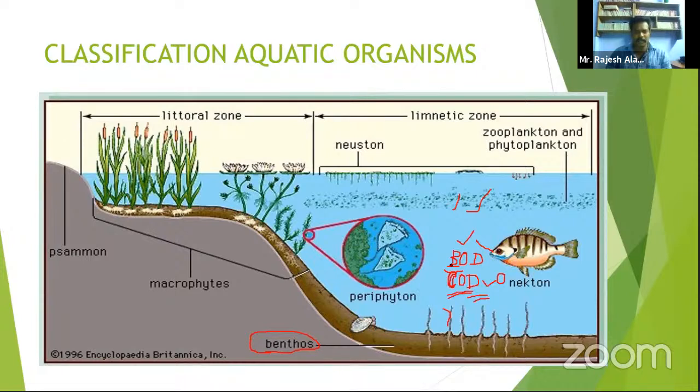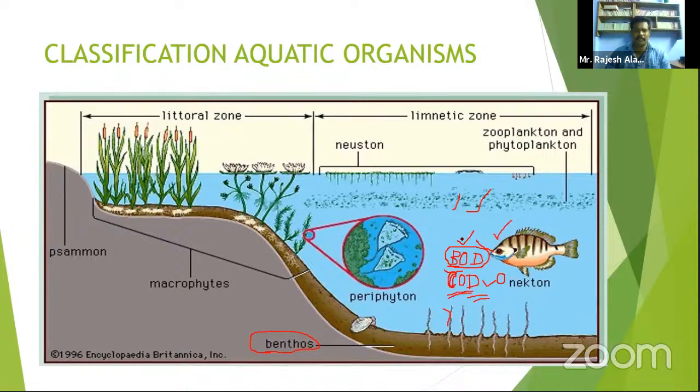BOD is nothing but the total oxygen requirement for the entire biological activity, including decomposition by microbes, because a microorganism is also a living organism, right, sir? When biological oxygen demand is increasing, there is sudden death of fish species. There will be sudden death of crabs or anything, whatever aquatic organism is present here. They will be devoid or deficient of oxygen and they will die.